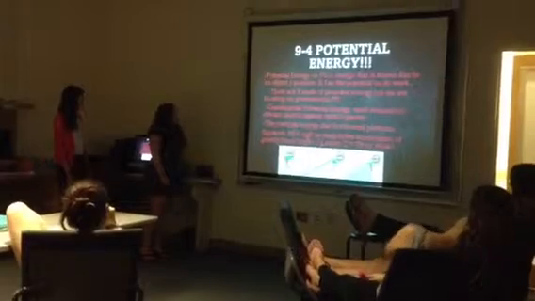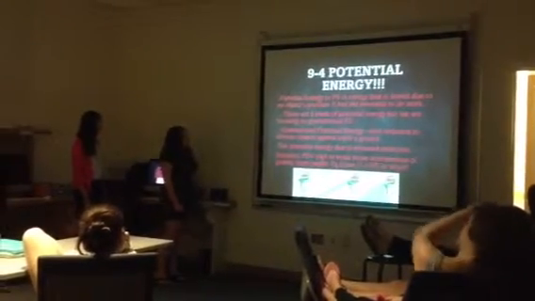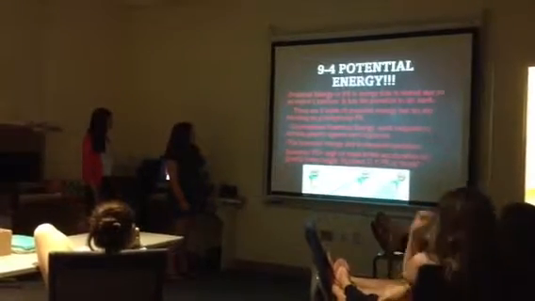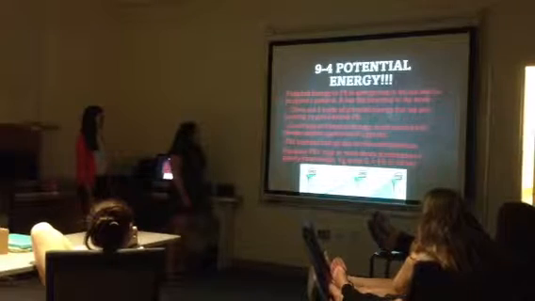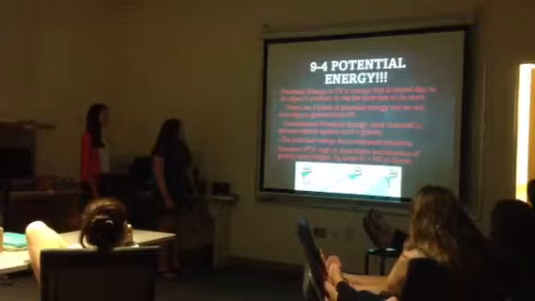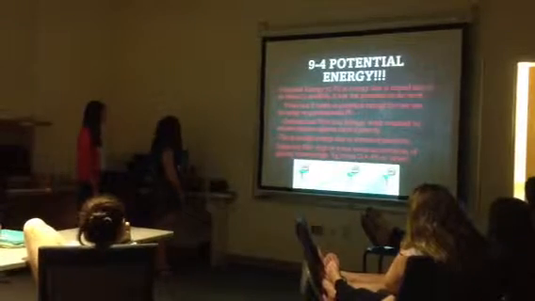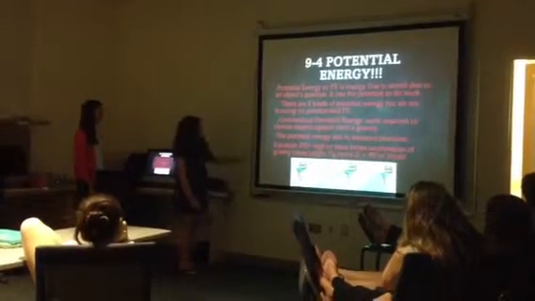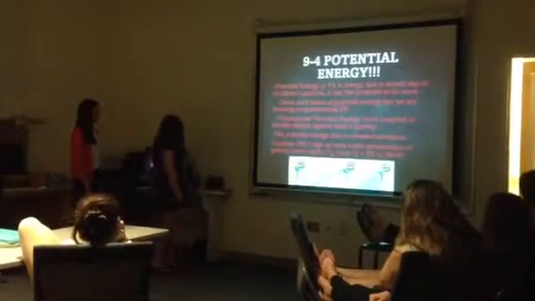The equation is PE equals mgh, or mass times acceleration of gravity times height, or Fg, the force of gravity, times d equals PE, or work. And that's a picture of different ways of potential energy.